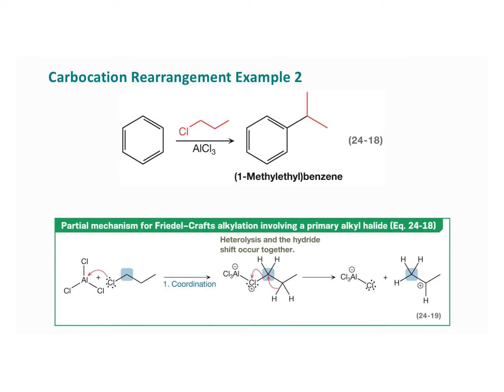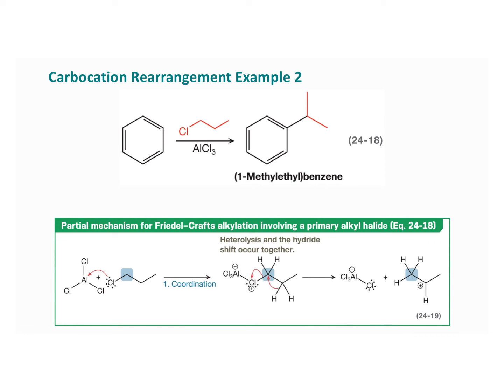Now, this particular equation shows another example of a rearrangement in a Friedel-Crafts alkylation. When you undergo the coordination here, what we would expect is a primary carbocation to be formed, but we know those aren't very stable.